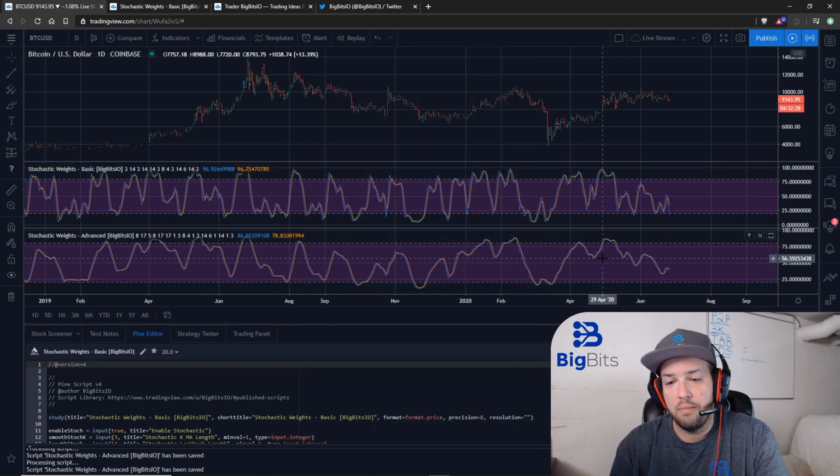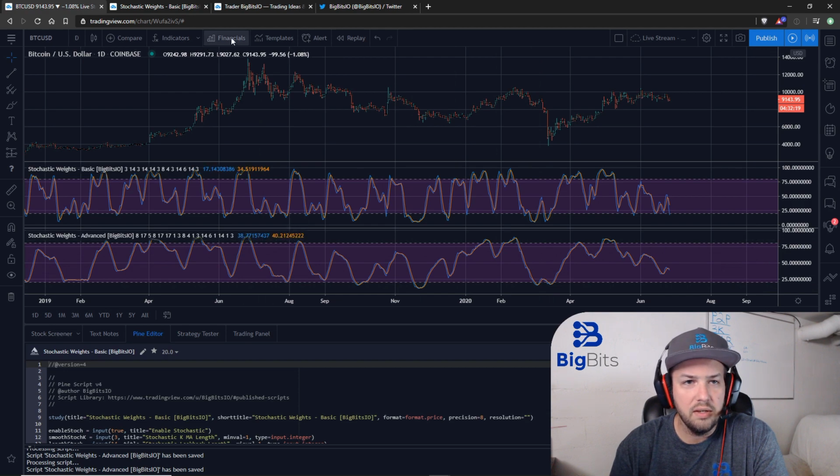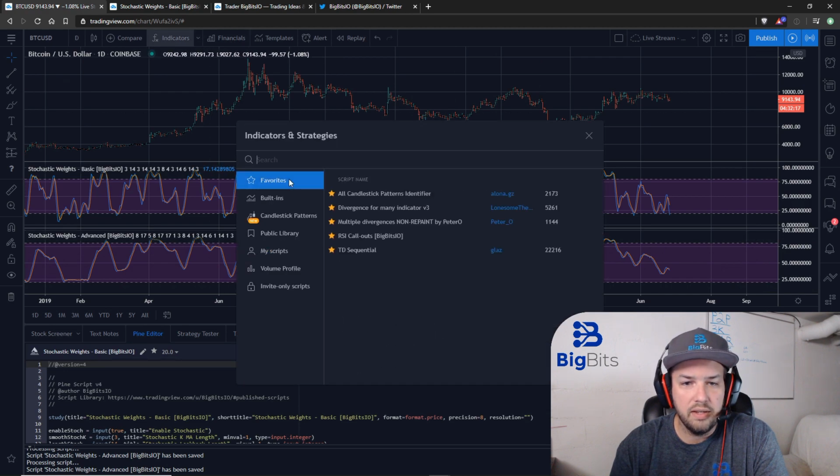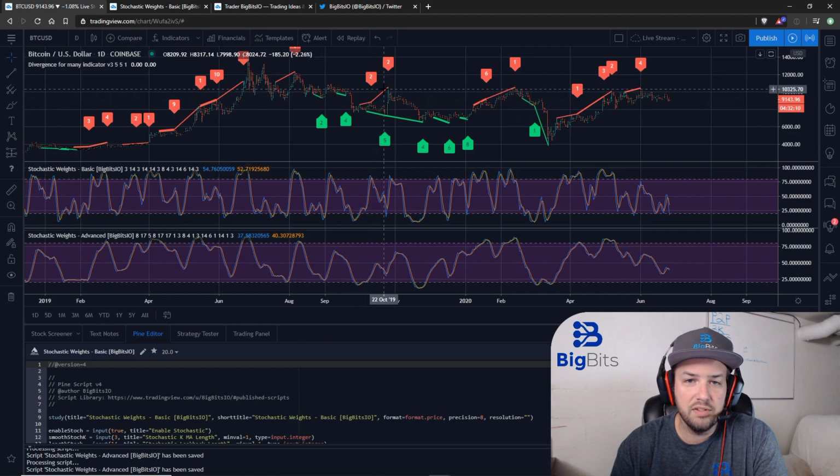So we've got that, and what I'm going to do about the divergences is I'm going to try to code in the actual divergences. There is an indicator for this that we're going to use for reference. You can see how it plots the divergences here.